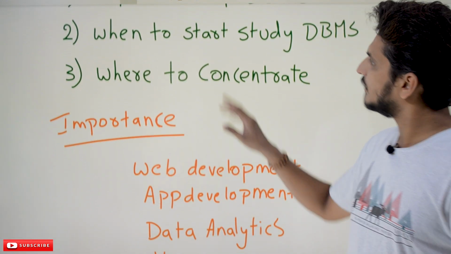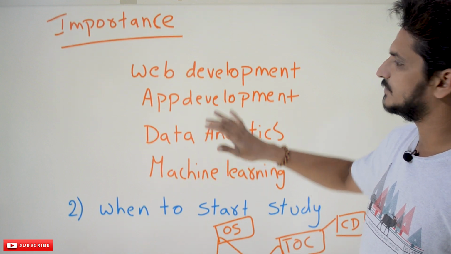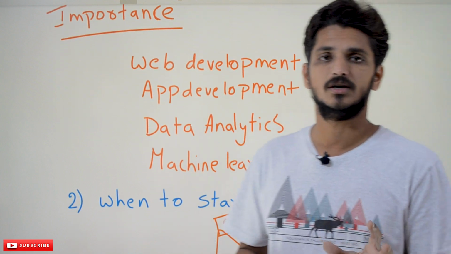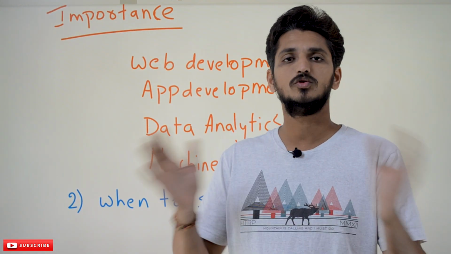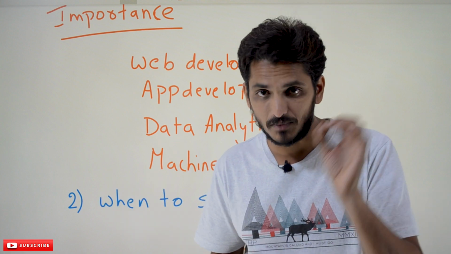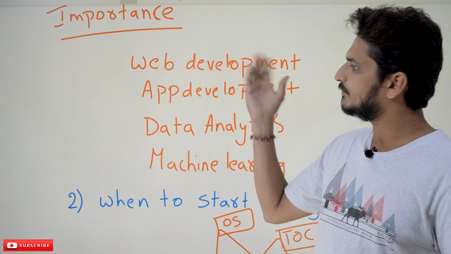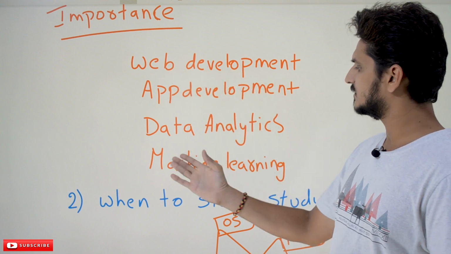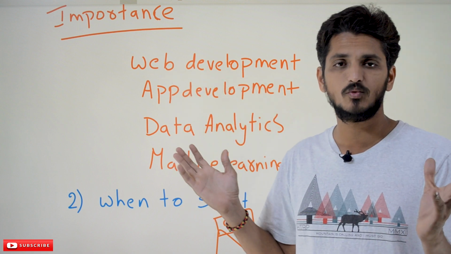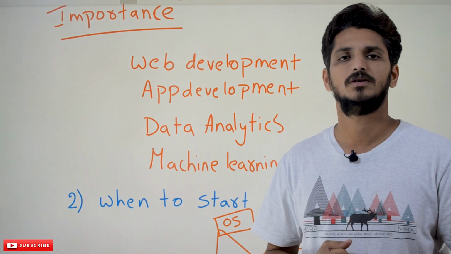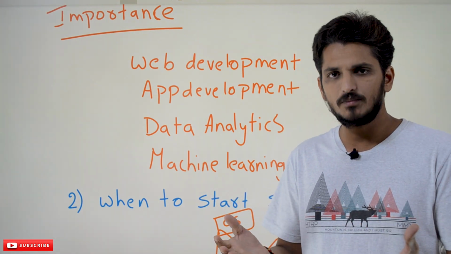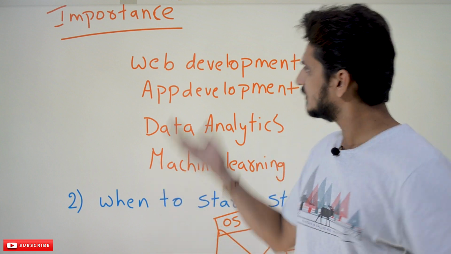Coming to the first point, importance of database management system. Whatever the domain you want to choose, database is a must for a computer science student. If you go for web development, app development, data analysis, machine learning, whatever the domain you want to go, database is a must. Without database, there is nothing. You take the web development side.